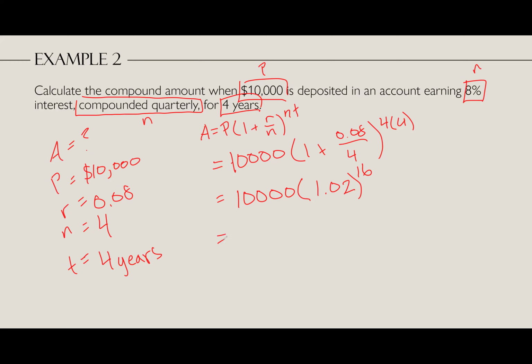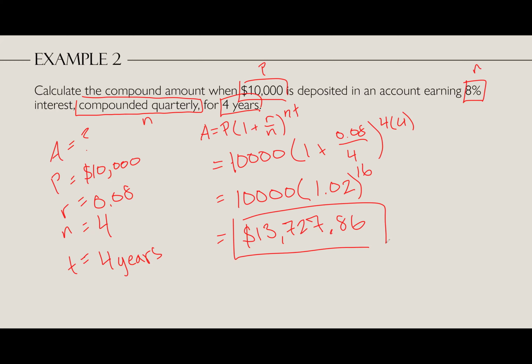If I calculate all this, I should be getting about $13,727. Actually, I don't need to round. In this case, 86 cents. Make sure that you're getting the appropriate answer. So in this case, I deposited $10,000, waited for 4 years, and now my account is worth a total of $13,727 and some change.